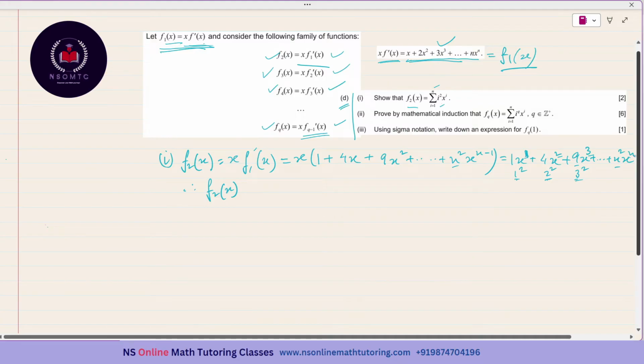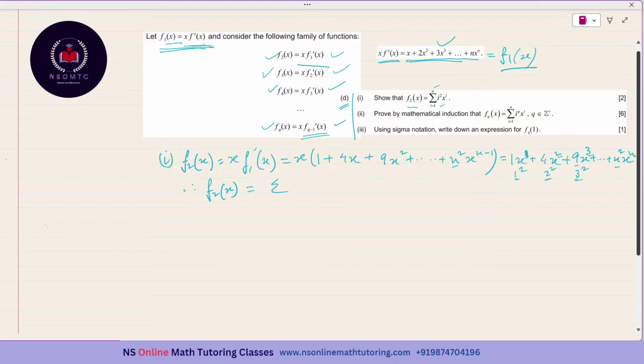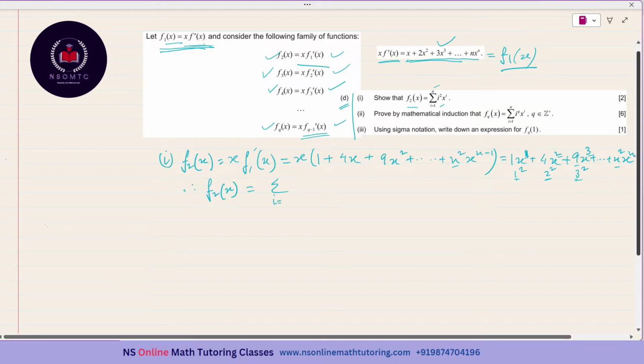Okay. So therefore, in sigma notation, it is summation. We can use the sigma notation to represent the series. There are n terms, so it is i equal to 1 to n. i squared, when for the first term i is equal to 1, second term i equal to 2, third term i equal to 3.